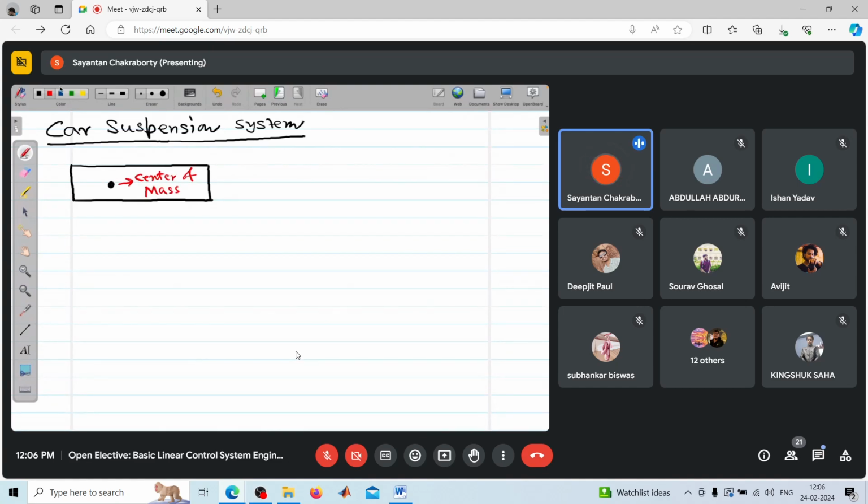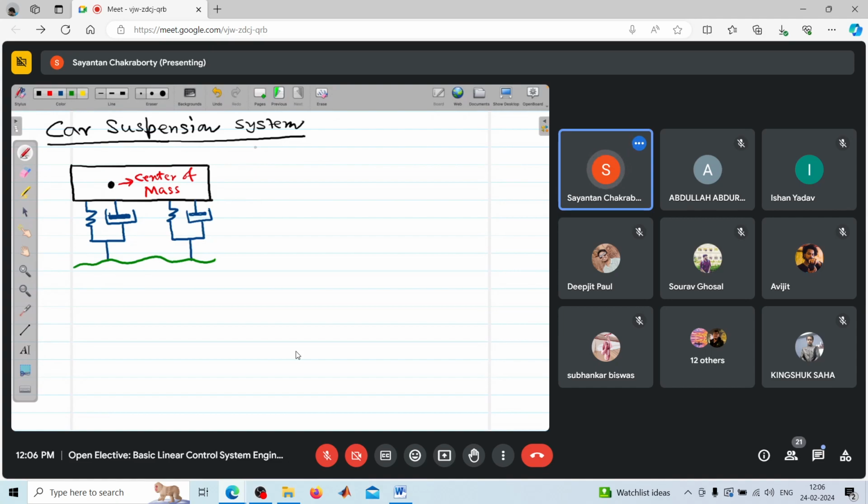This is the center of mass, and as a suspension system, what you have is a spring and dashpot on the front wheel, as well as that on the rear wheel, and this represents the road condition. Right.